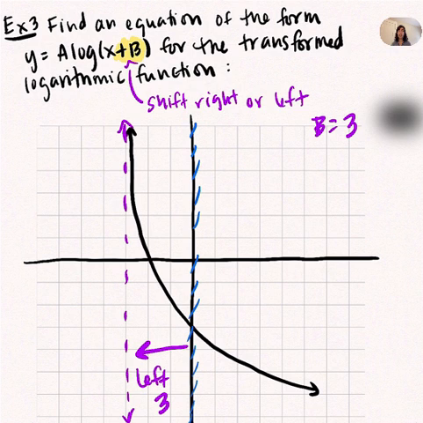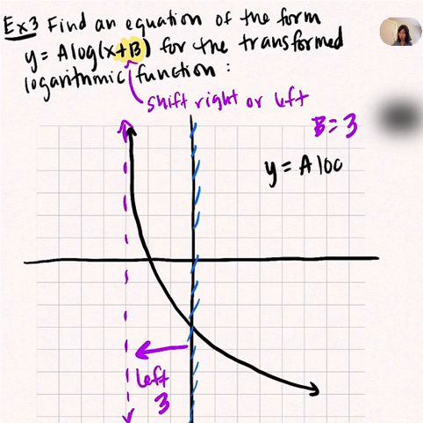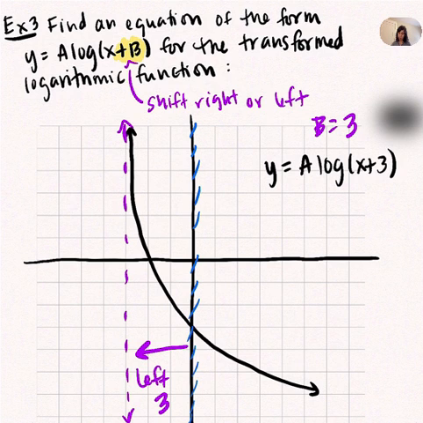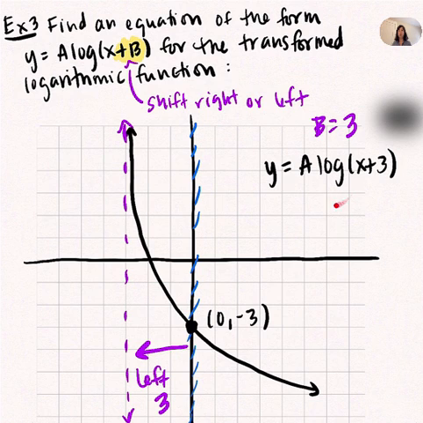How do we figure out what a is? One way you can figure out what a is is to use the fact that we know the equation is in the form a log of x plus 3, and then we can pick a specific point on this graph. So for example, notice that the graph goes through the point 0, negative 3, and we can plug the point into this equation and then solve for a. This will work because we only have one unknown here, and if we know that a certain x and y should work in this equation, then that'll just leave us the a.